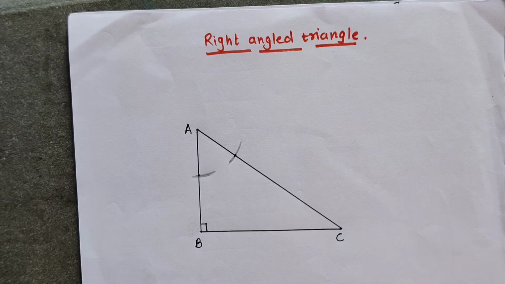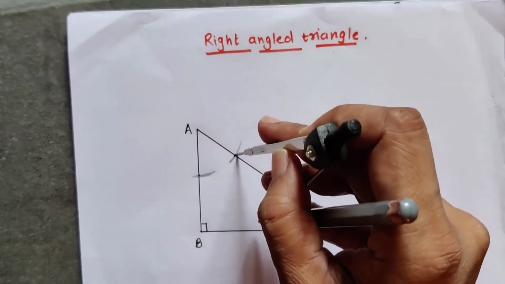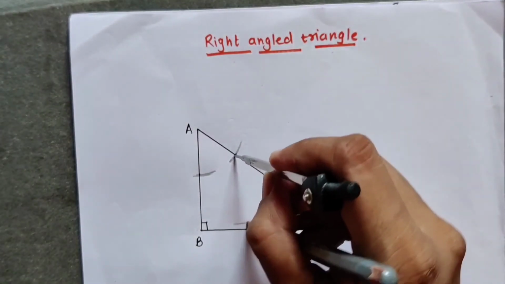Now from these 2 points we have to draw 2 more arcs which intersect each other. So let us draw the arcs which intersect each other.